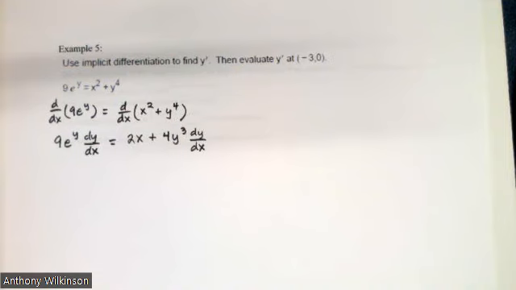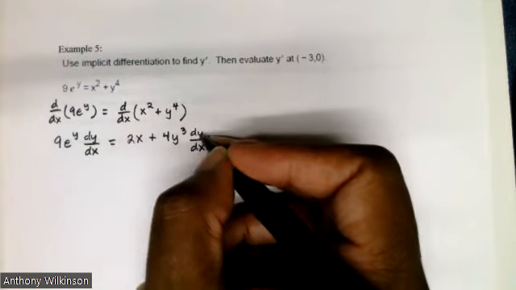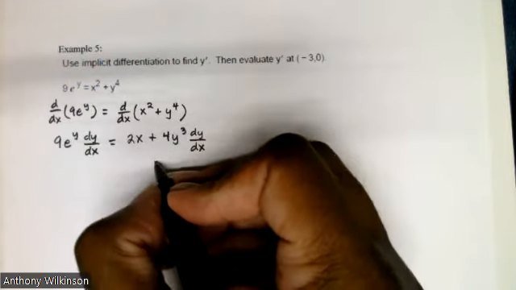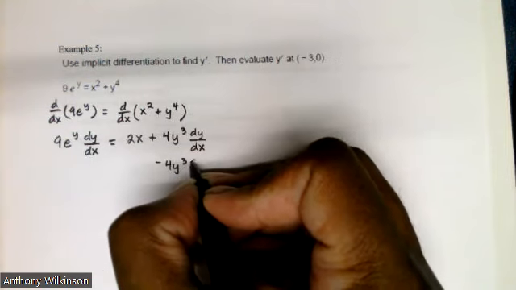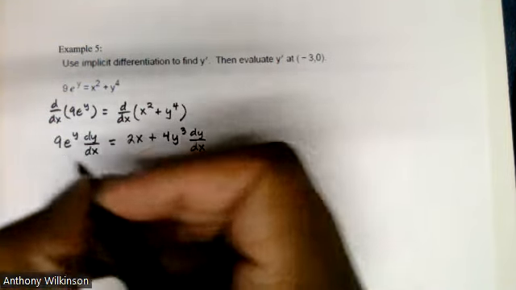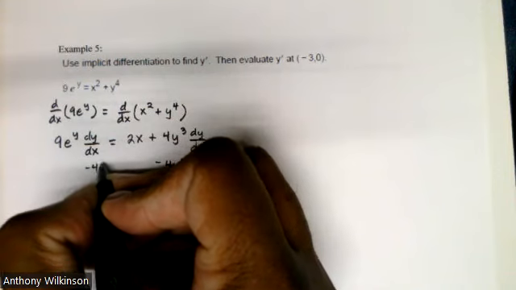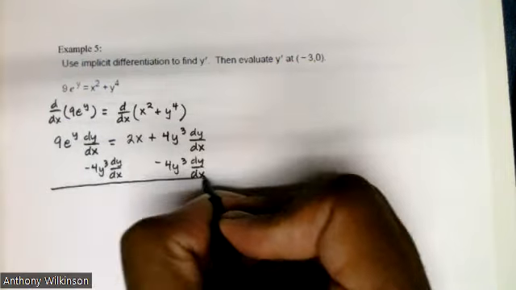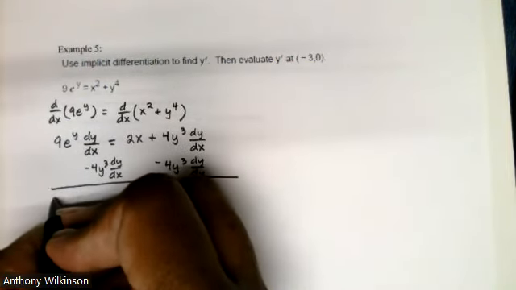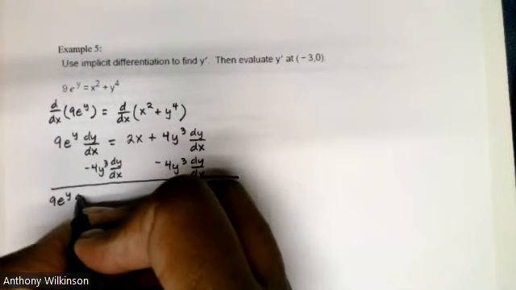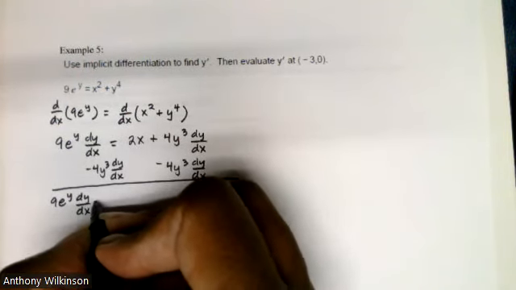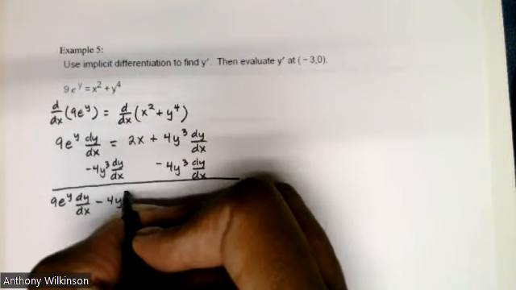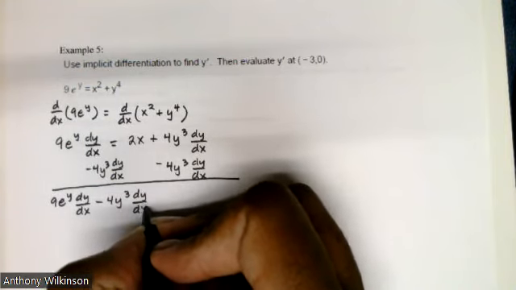Now I need to collect all the terms that have dy dx on the left side, and all the other terms will be on the right side. So I need to move the 4y cubed dy dx over to this side by subtracting 4y cubed dy dx. So on the left side, I'm just going to rewrite this as 9e to the y dy dx minus 4y cubed dy dx.